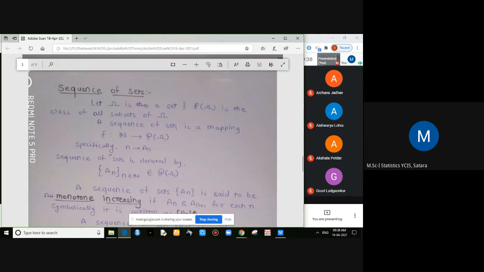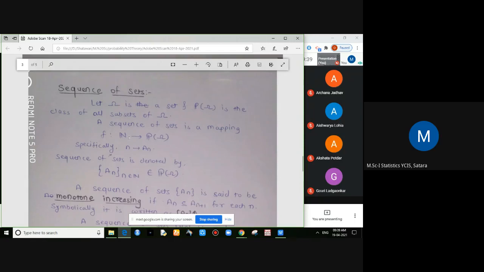A sequence of sets is a mapping, again a mapping F, such that the natural numbers are the domain. Same thing as in the sequence of real numbers: natural numbers are the domain, and after using the natural numbers, what we get as the range set, or the codomain, is some set in the power set of the sample space.